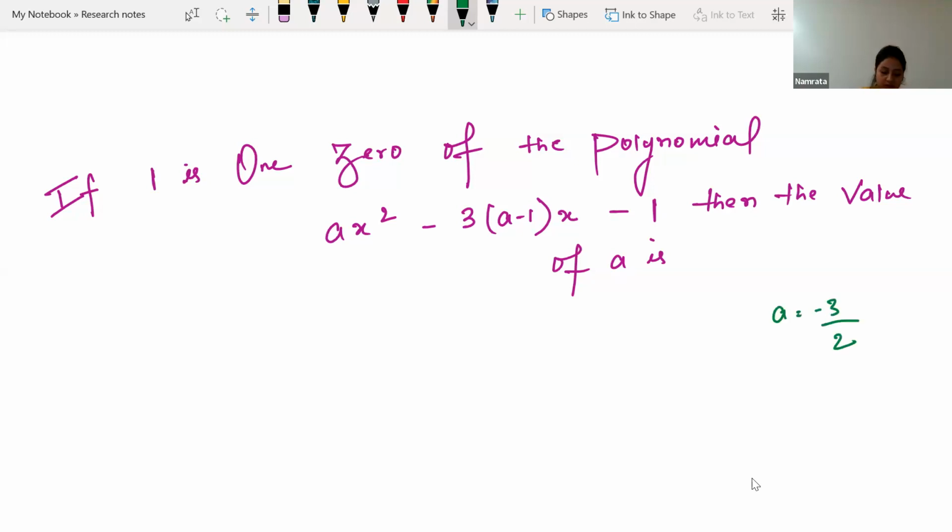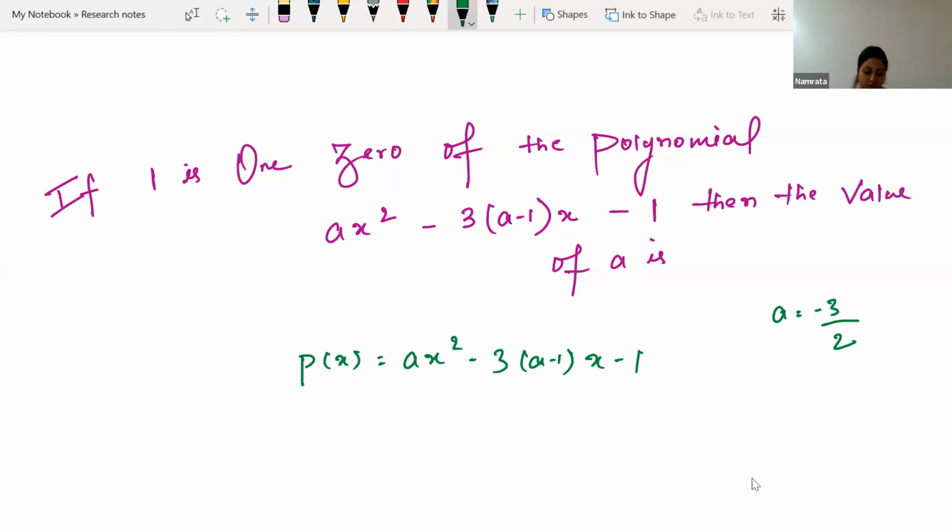Okay, let's check. So what you have done, this is the polynomial we are having. P(x) equals ax square minus 3 a minus 1 x minus 1. Right, Harshit? Yes, ma'am. Okay.